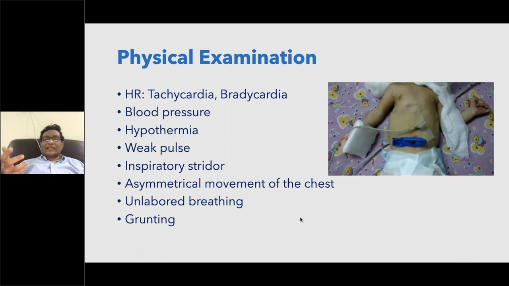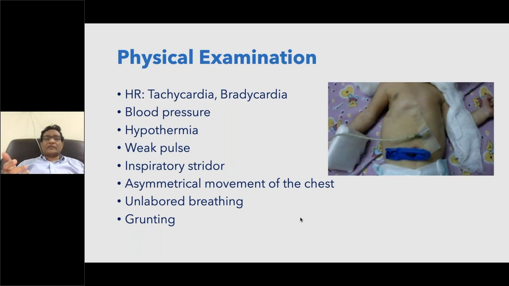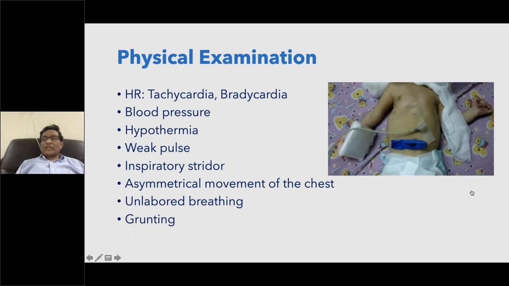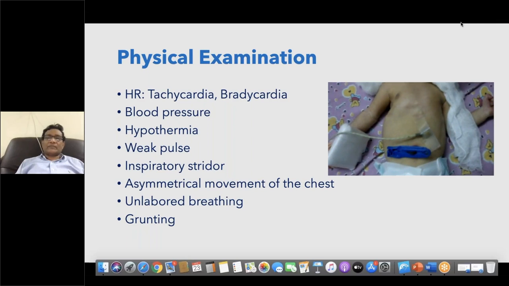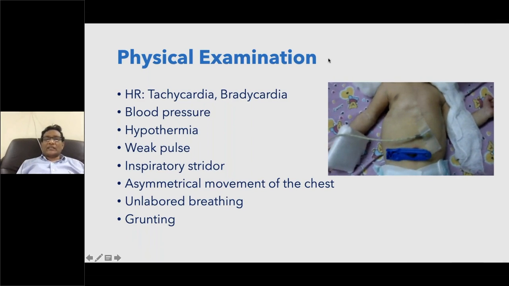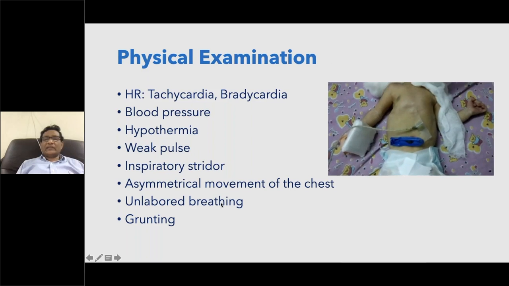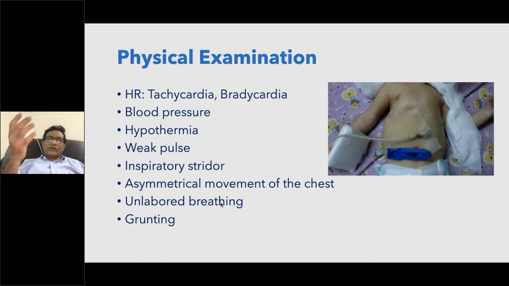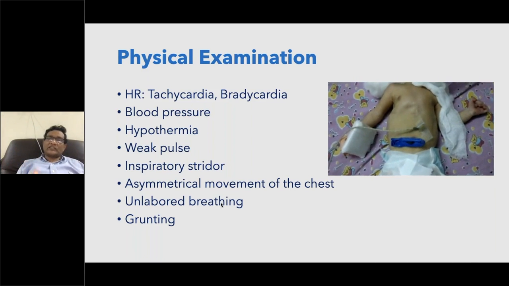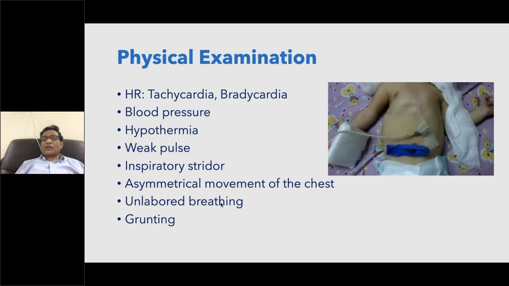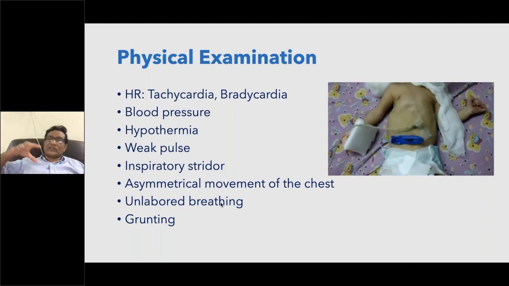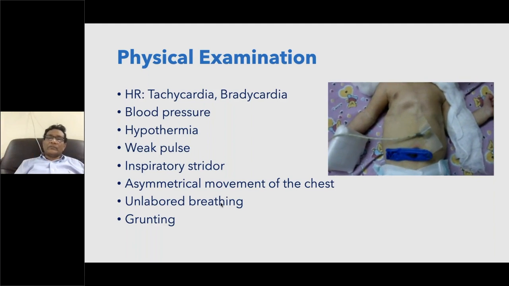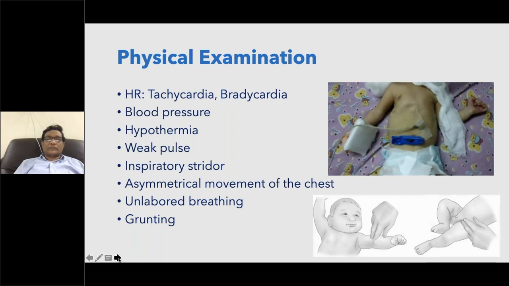It is nothing but grunting. At end expiration, they do this to keep the alveoli patent. So when you see grunting respiration, you should understand that you may be dealing with a systemic obstruction, like obstructed TAPVR, ventricular dysfunction due to severe aortic stenosis, hypoplastic left heart syndrome, or coarctation of aorta. Whatever is causing pulmonary edema and producing alveolar exudates, babies will have grunting respiration.